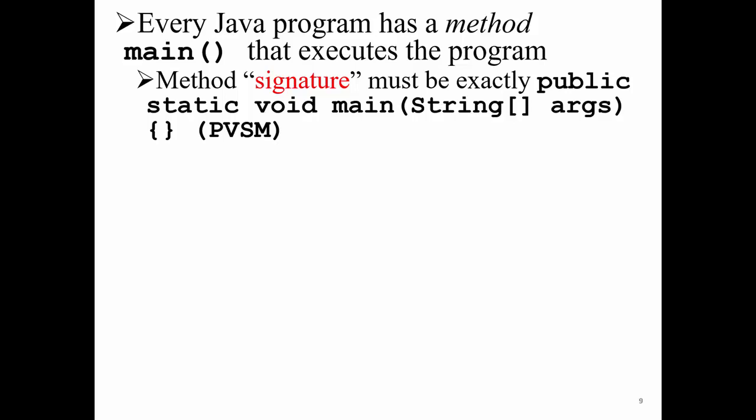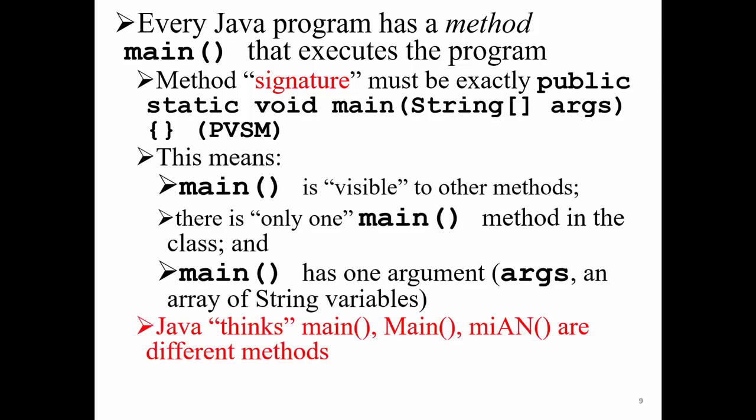We have public, static, void, main, and the input parameter is a String array, with two brackets open and close, and the name of this is args. As an abbreviation, whenever you type psvm in Android Studio, it will recognize that you are trying to create a public static void main method and complete it for you.